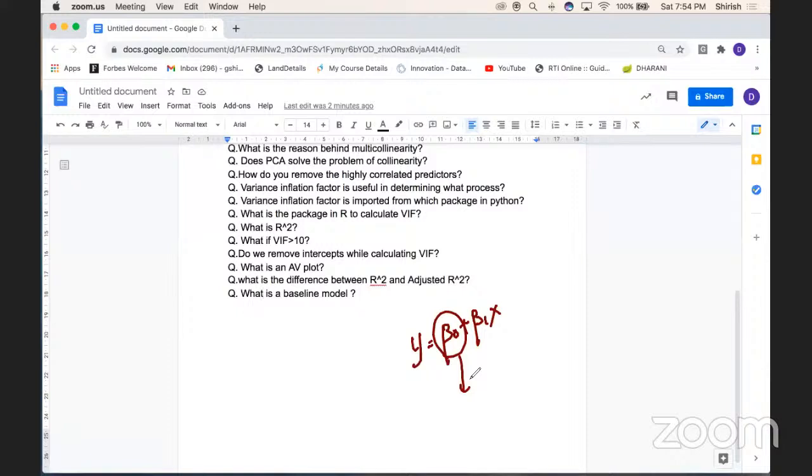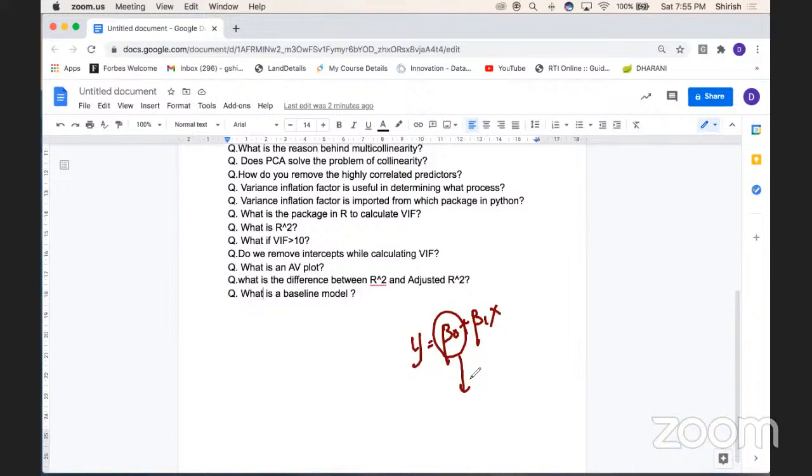Beta 1. What is beta 1? Beta 1 is nothing but the value of the change in y. What is the value which is changing? Change in y when your x-axis is altered by 1 unit.